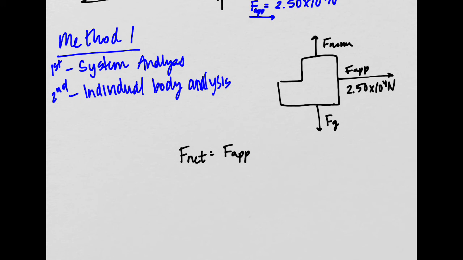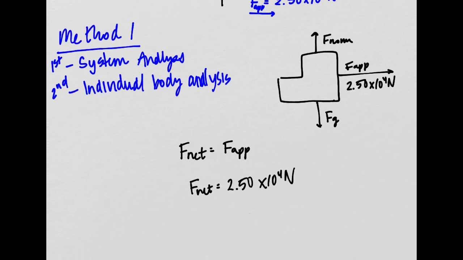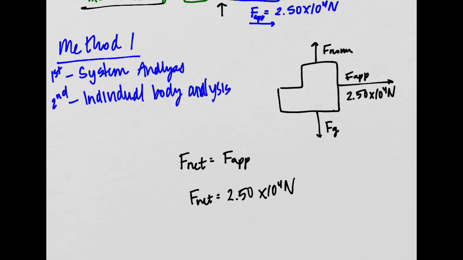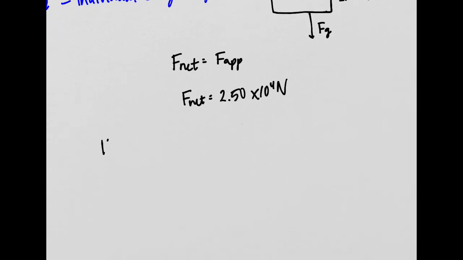So the net force, F net, is equal to 2.50 times 10 to the 4 newtons. We use the system analysis to solve for acceleration. We don't know the acceleration. We don't know how fast this is going. So what we need to do is use the things that we know. We just found our net force.